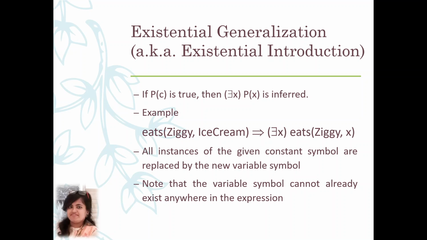That is, Jiggy eats ice cream, but you cannot infer from that that Jiggy is going to eat chowmein as well. But there will be some elements that belong to the category of what Jiggy is going to eat. So for some x, eats(Jiggy, x).